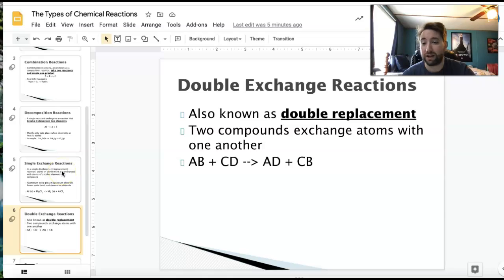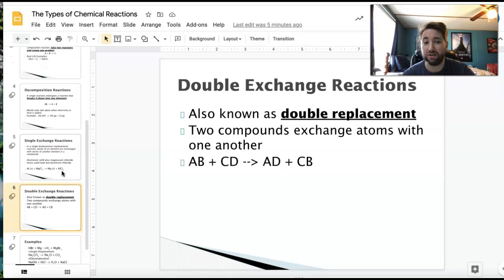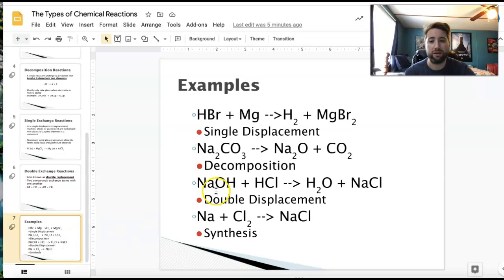So those are the different types of chemical reactions. Let's do a couple, and I'll explain why each one is each one. We've got HBr plus magnesium leads to H2 and magnesium bromide, MgBr2. If you look at this, we've got one element that is by itself, and we've got this compound over here.